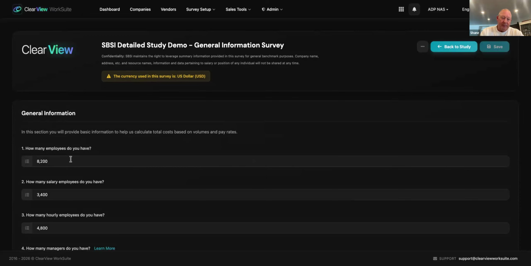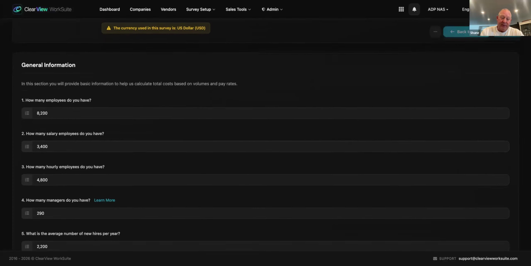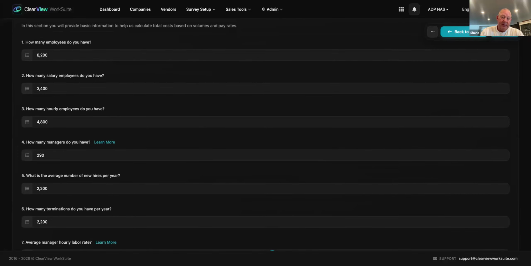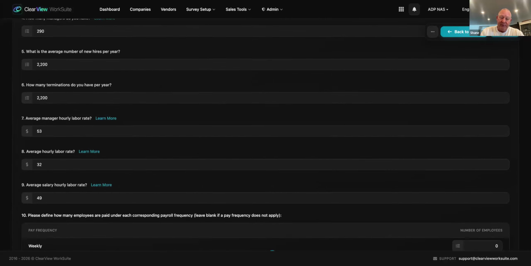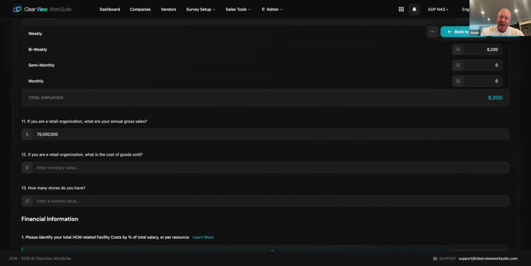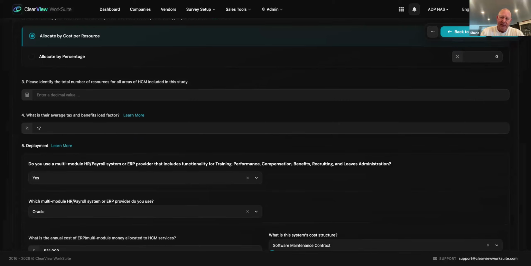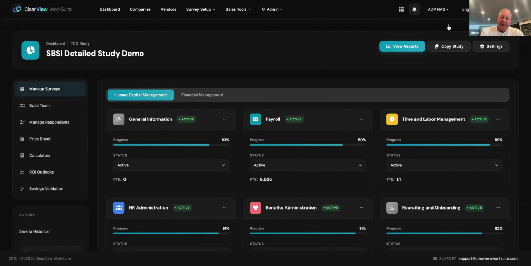So, number of employees that you have, how many of those are salary versus hourly, how many managers you have, number of new hires per year, average rates of pay, number of pay frequencies, and different pay categories, all that kind of information. These are just used mainly to calculate other things.